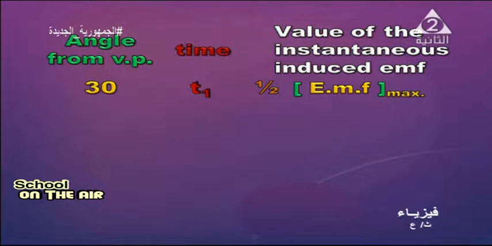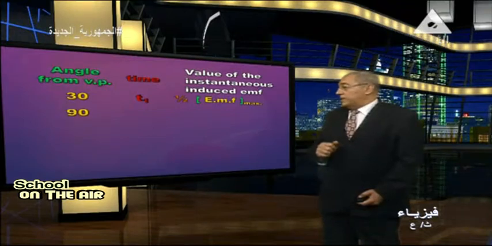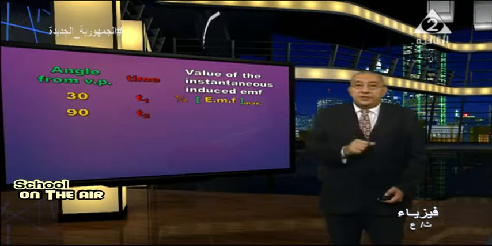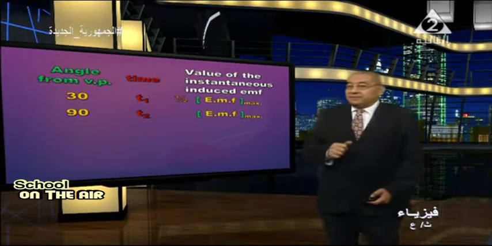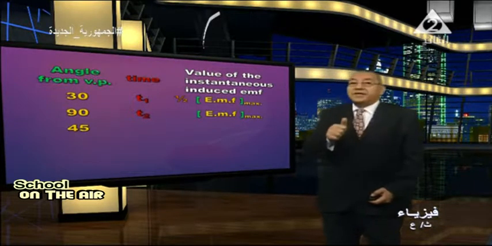We've just answered a choice depending on this. So to reach half the maximum EMF induced, the angle should be 30. Angle of rotation of the coil of the dynamo from the vertical is 30. Okay, to reach maximum, the angle should be 90. Okay, to reach the effective value, the angle should be 45.